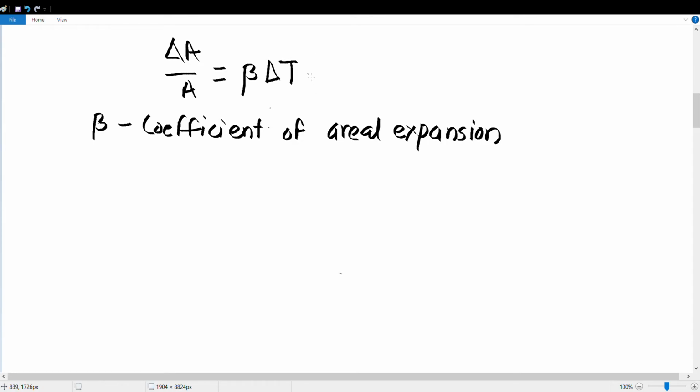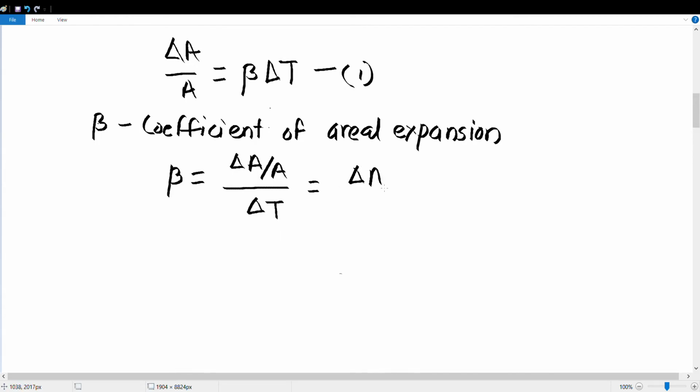Rearranging the terms in this equation 1, we get beta equal to del A upon A divided by del T, which is equal to del A upon A into del T.